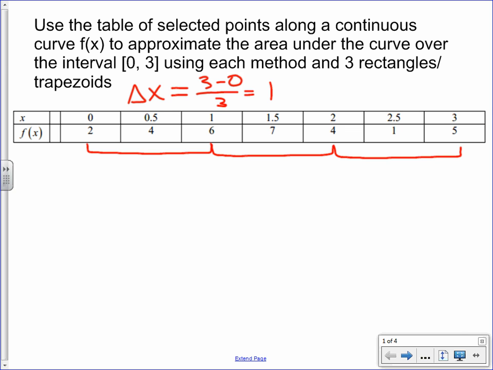Let's first start with our left-hand approximations. The area, what is the width of each of these? 1 times the left hand is going to give us the height.